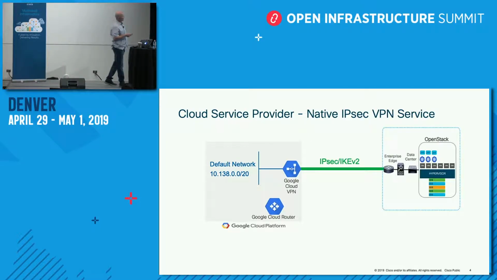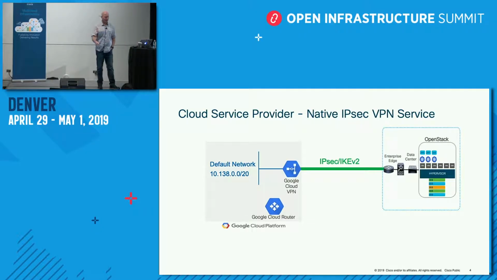So when we're looking at an on-premises private cloud environment where we've got OpenStack sitting in one of our data centers, we always have the option to engage a native cloud framework from a specific provider. In this particular case, we've got Google Cloud Platform, or GCP, and we can utilize a native framework that they have, such as the Google Cloud VPN.